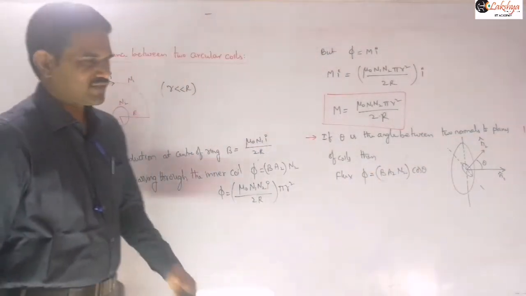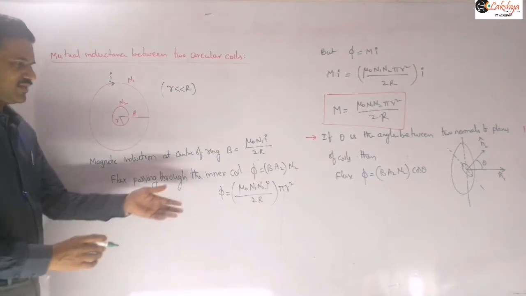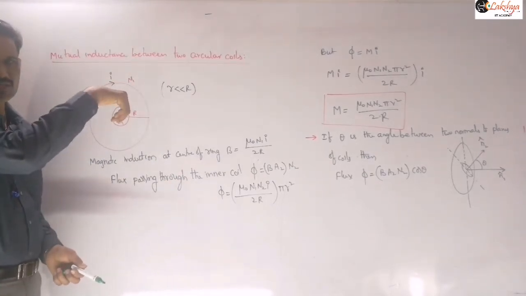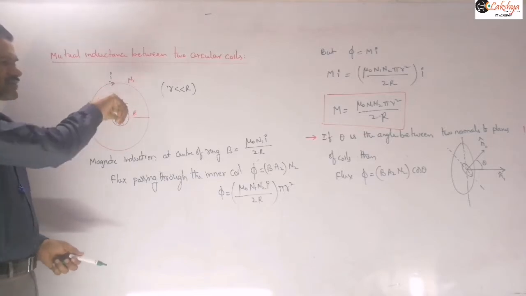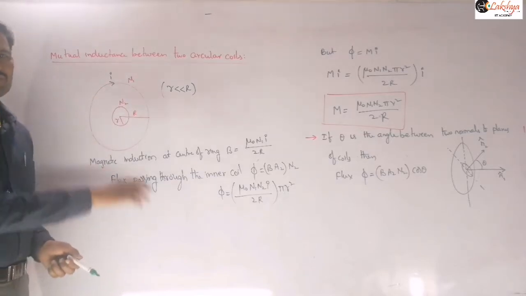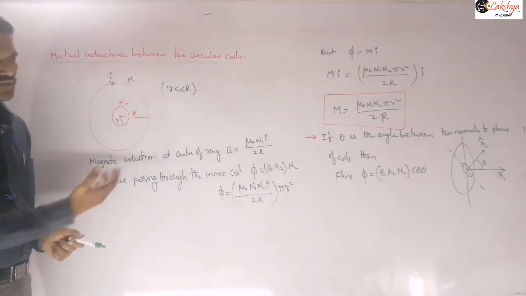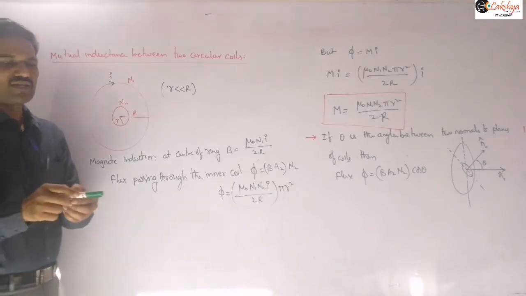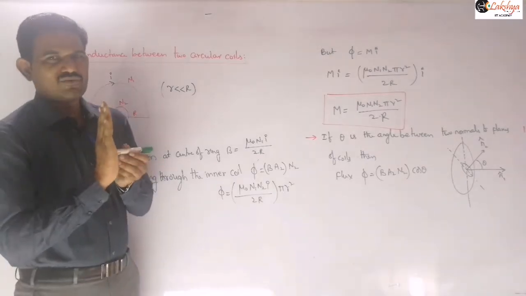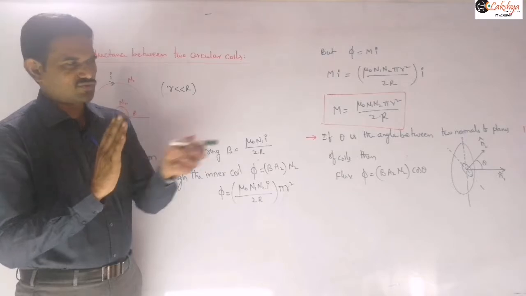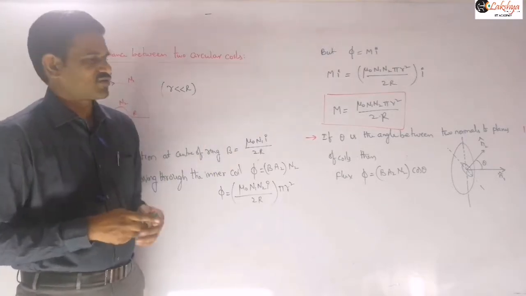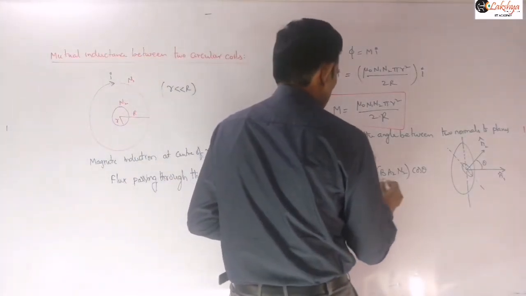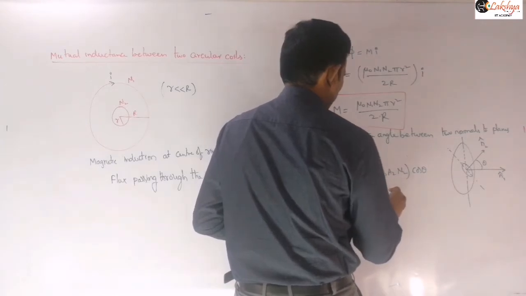Is it clear? Why we were not taking theta earlier: we assumed that both are lying in the same plane, so the magnetic field is along the normal to the plane of the second coil. But now we are taking a certain angle. If one coil is in this plane, the other coil we are taking at some inclined position. So additionally we will get that cos theta.